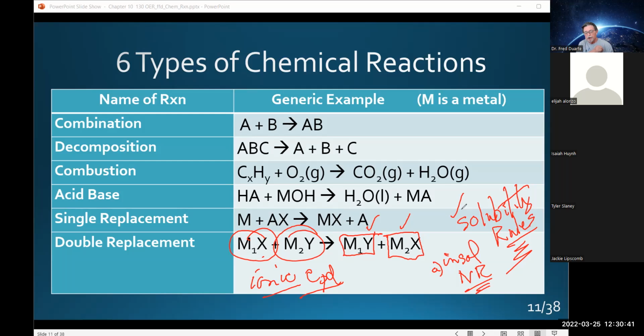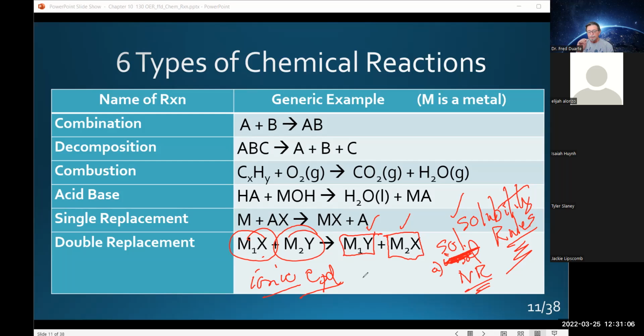If both of the new products are soluble, excuse me, I stated that backwards. Let me restate that. If both of the new products are soluble, then you get no reaction. Nothing happened. They just exchange partners and go back to the original partners back and forth, and that's it.